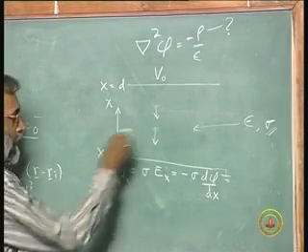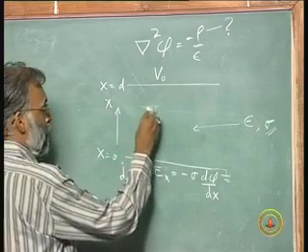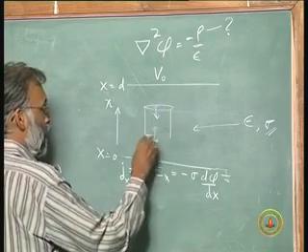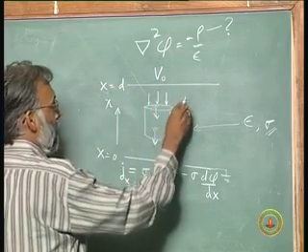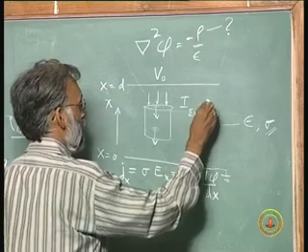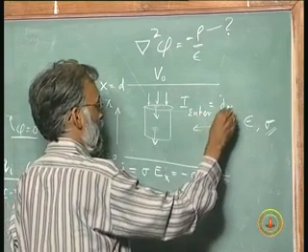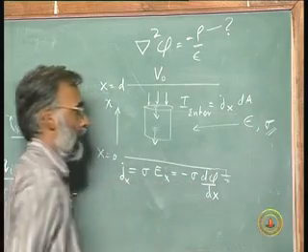Now, this Jx itself satisfies another law, which is if I draw a cylinder, the amount of current entering, I entering, is equal to Jx times dA, the area.